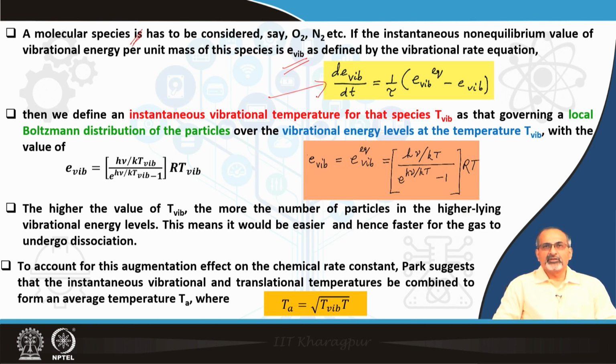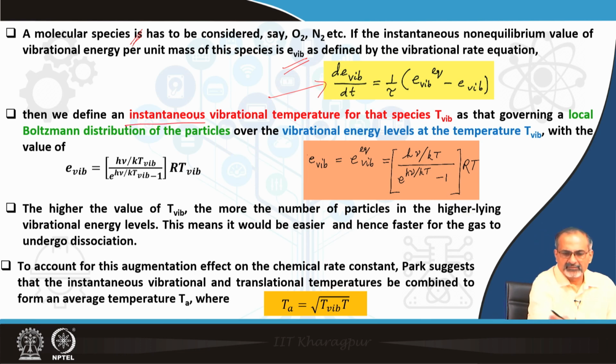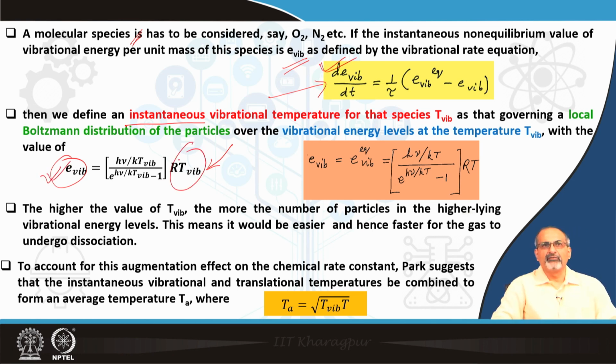Having said that, once we know that value of E vibe locally at an instant of time, we can define an instantaneous vibrational temperature for that species based on the following equation. So, you know this from the rate equation, you plug it in here and you try to figure out which value of T vibe will satisfy this equation.